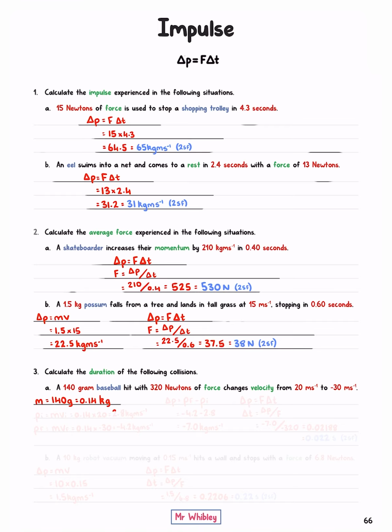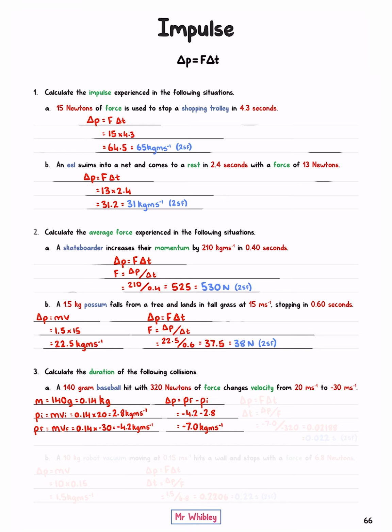We can find our initial and final momentums, knowing that momentum is mass times velocity, knowing the mass, and knowing our initial and final velocities, gives us 2.8 and negative 4.2 kilogram meters per second. And now to find our change in momentum, that is final minus initial, putting in these numbers, gives us negative 7.0 kilogram meters per second.